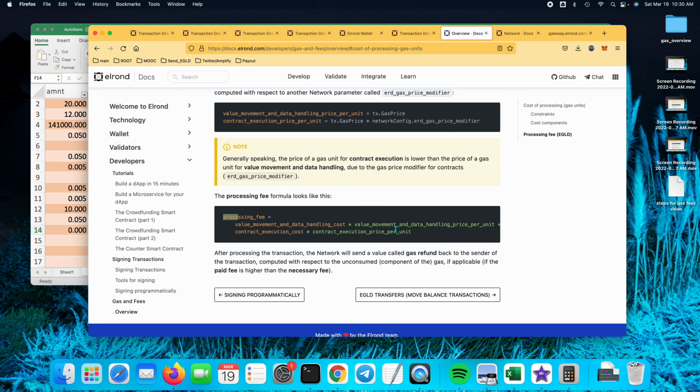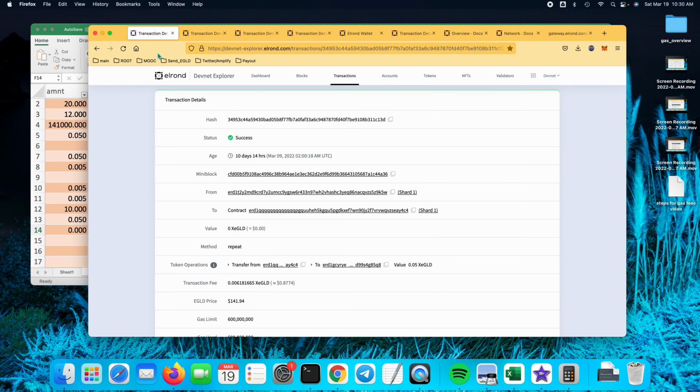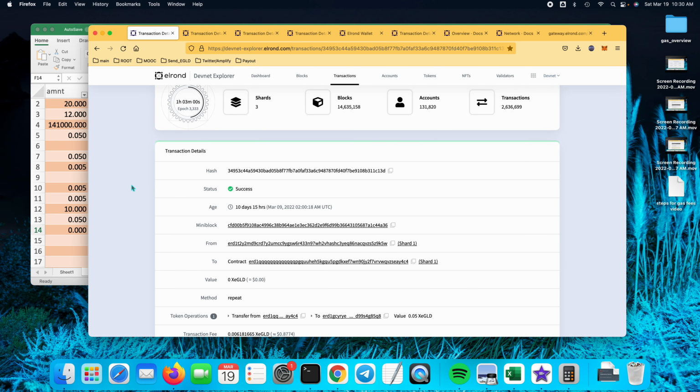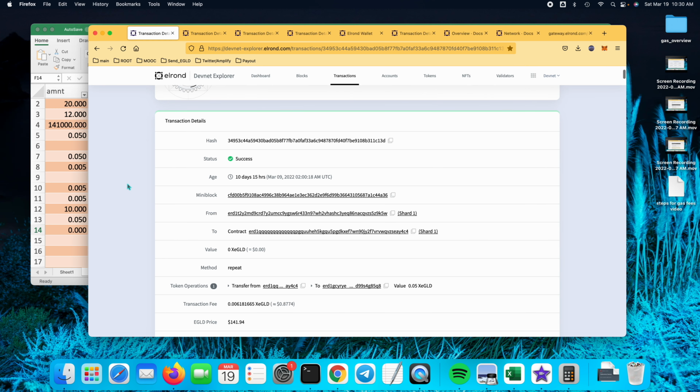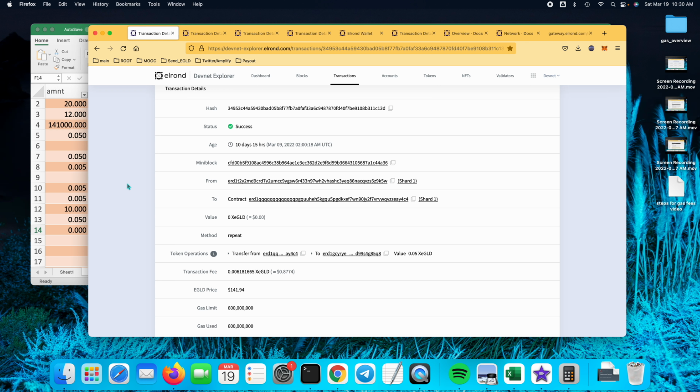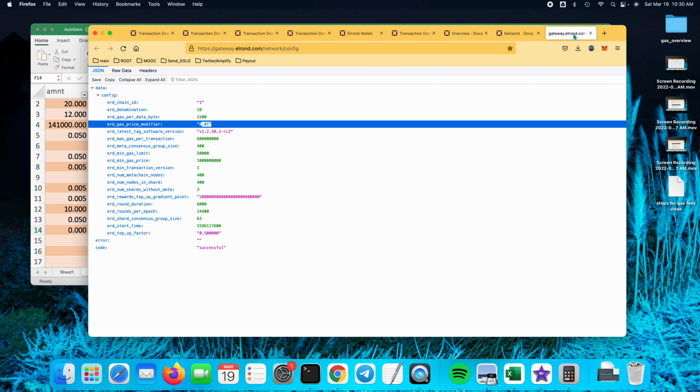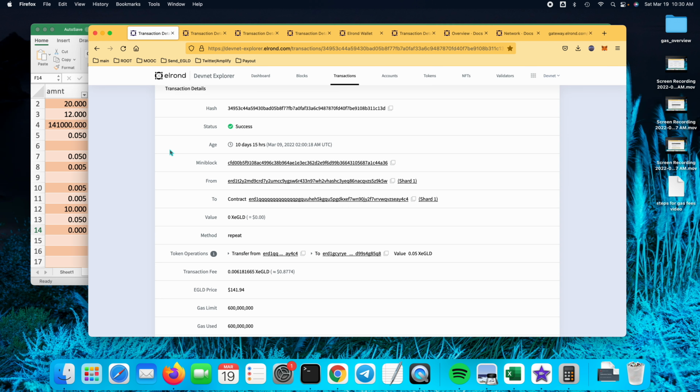So let's do this. Let's look at one of these transactions line by line and see what we see here in the transaction details. And let's go ahead next and run through the network configuration numbers here. Okay, so first line is your hash.